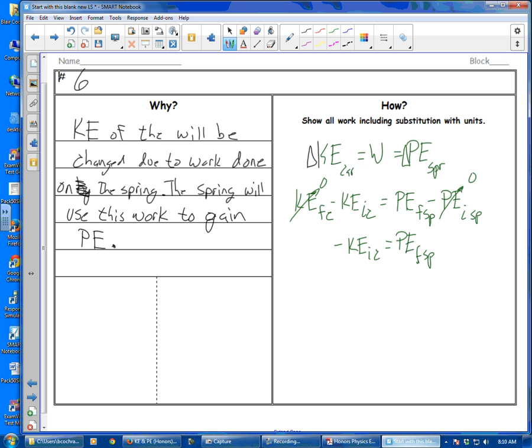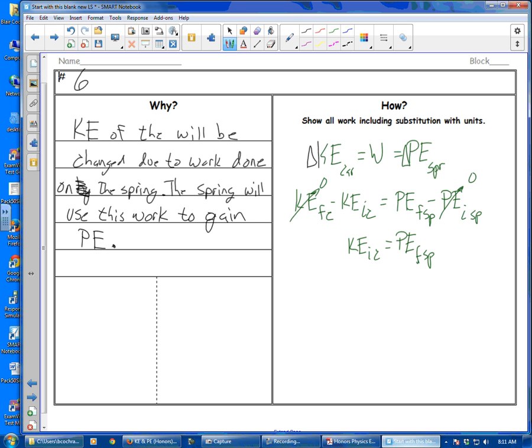The reason for that negative relationship is that it's taking energy away from the car, so the car is losing energy, but the spring is gaining energy. Remember, these aren't vectors, so there's no directionality here, but it's that opposite relationship, just like left and right. So I'm going to forget about that negative sign, because now I understand the gaining and the losing.